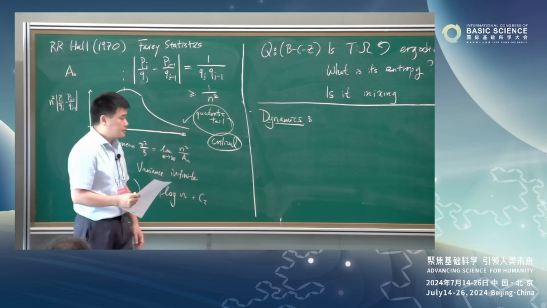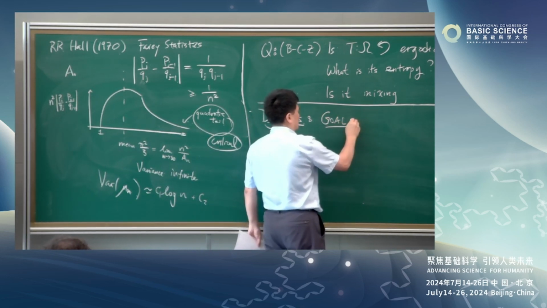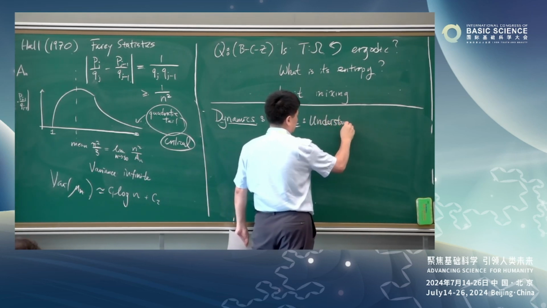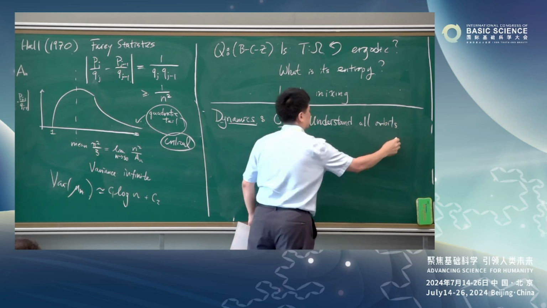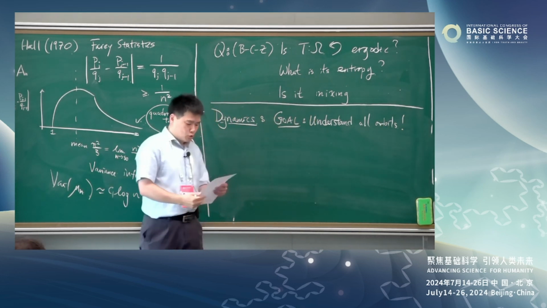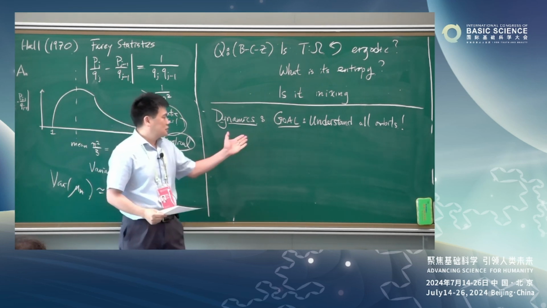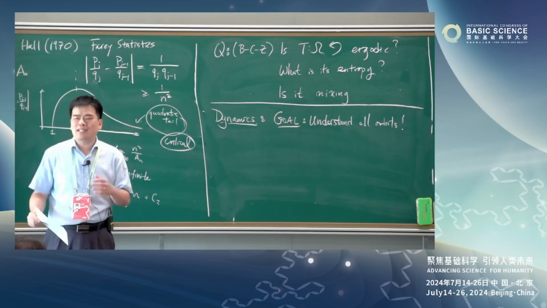So in dynamics, our goal is to understand all orbits of a dynamical system. But usually that's hopeless, okay? In other words, if you ask the question, can you understand all the orbits? That's like a bad question.